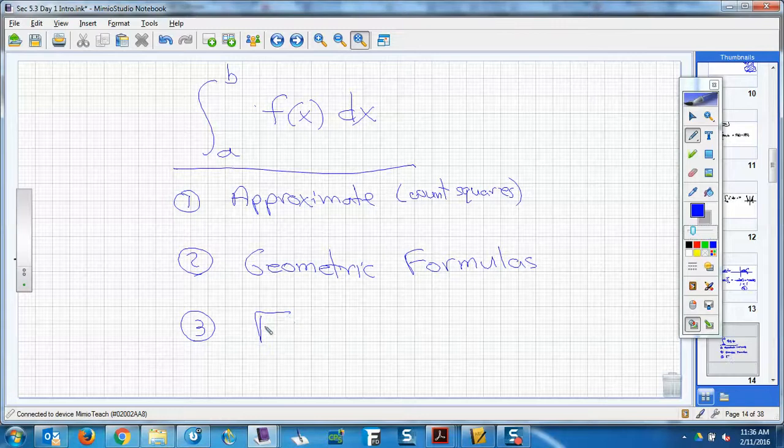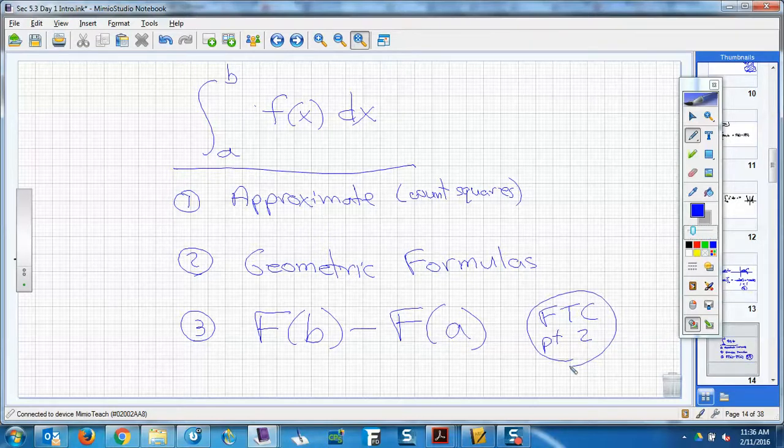So of course, the best one, the most useful one is this one. FTC part 2. Right? Big F of B minus big F of A. Now, what we will find is that there are some limits to number 3. Well, what would be the obvious limit to number 3? What would allow you to not be able to do number 3?